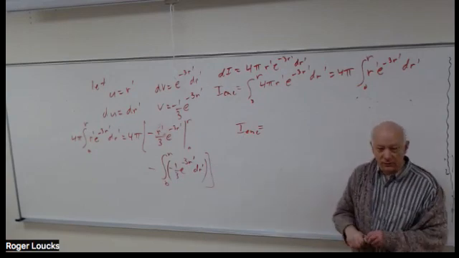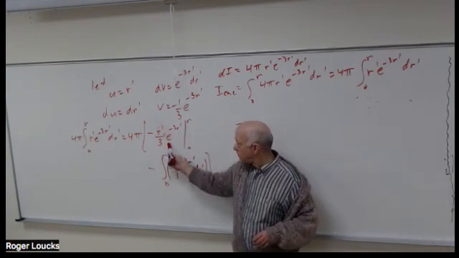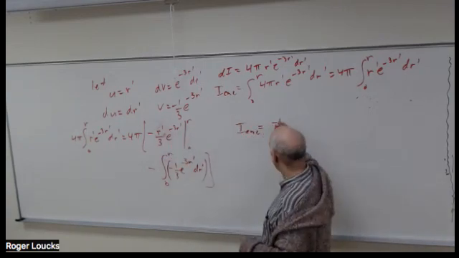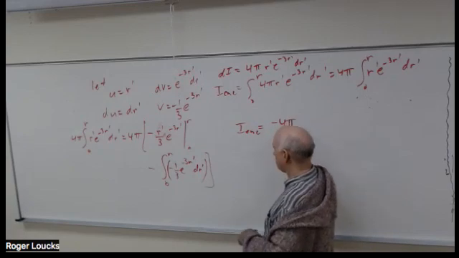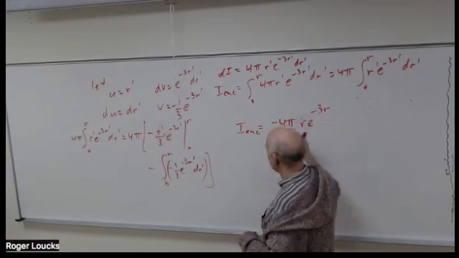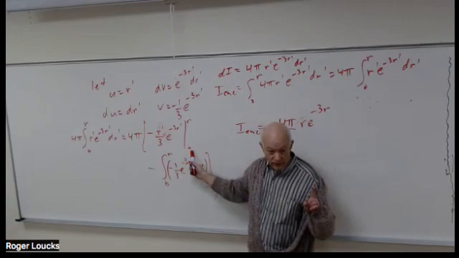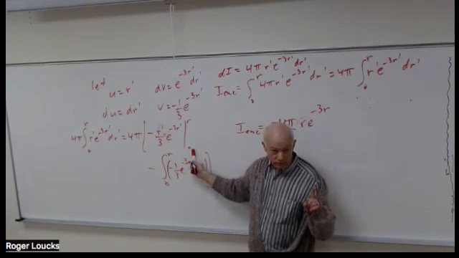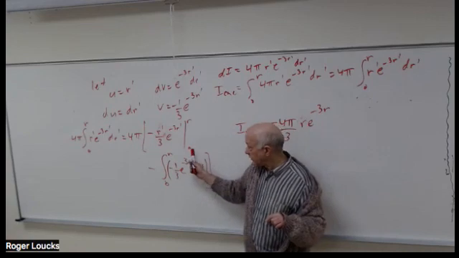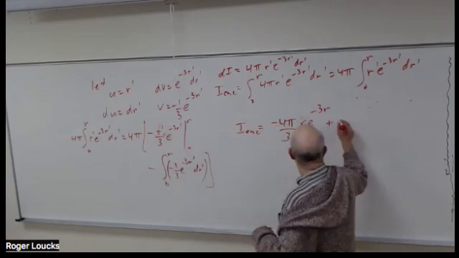Okay, so what does this equal then? This term gives me minus 4π/3 over 3, r e to the minus 3r. Does the lower limit contribute? No. If I had a hole in a radius a, would that contribute? Yeah, that would contribute, because you haven't made that. Okay, minus makes a plus.